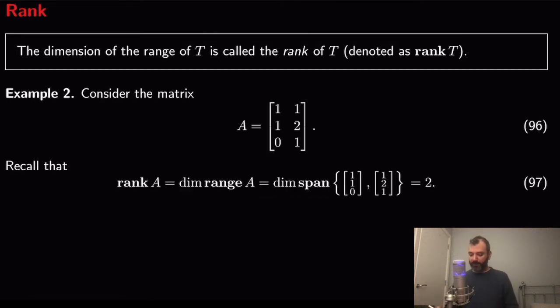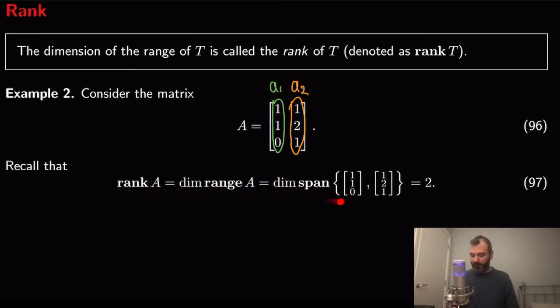And a particular example here, so take A to be a matrix where this is the first column. So this vector here is A1, and this other vector is A2. The span of these two vectors is the range, and what is the rank? The rank of A is the dimension of the range.